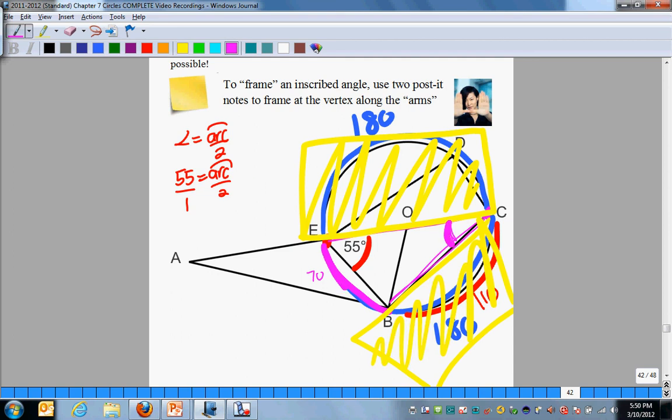Inscribed angles are half the arc they grab, so if this is 70, that's the arc. This angle back here is half of 70. Of course, that's 35. So this is 35. Remove your Post-its.